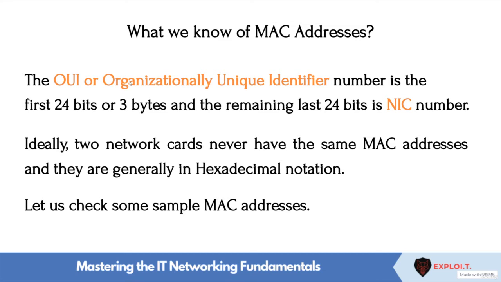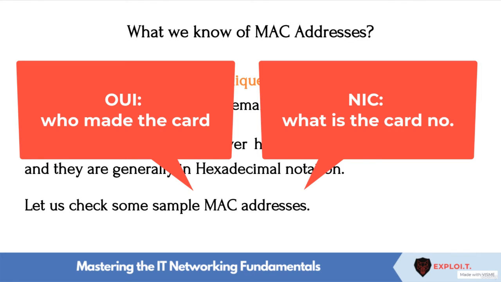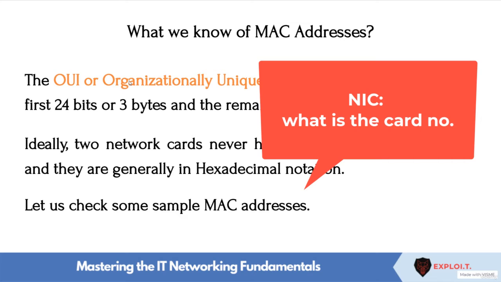This represents the serial number that is assigned to the adapter or the network card by the manufacturer. So you see, the OUI identifies who the manufacturer is that made that card, and the second part, NIC, tells you the sequence number or the identifying number on that card. So NIC represents the serial number that is assigned to your network card.